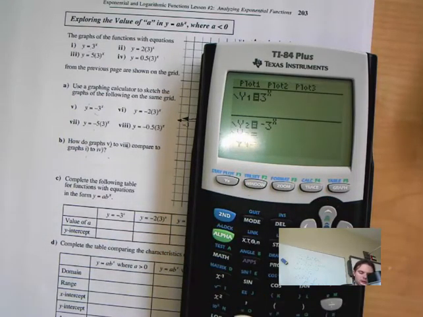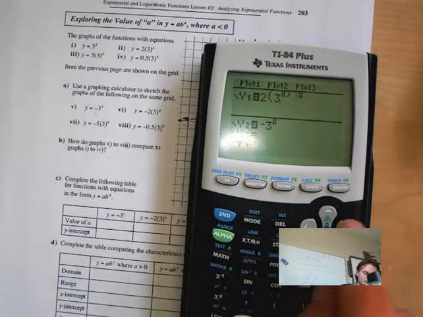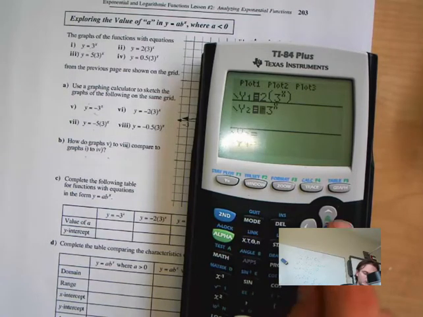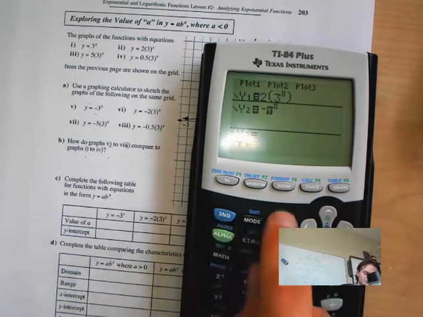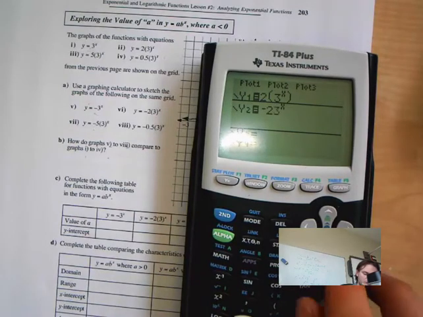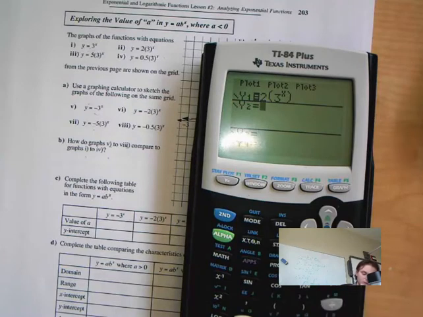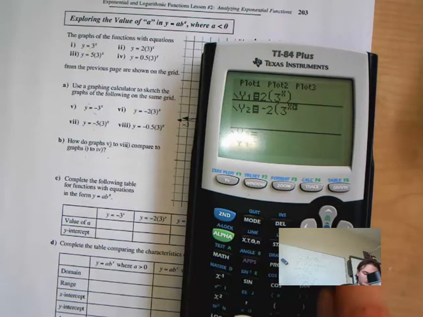If I said 3 to the x, the next one is 2 multiplied by 3 to the x. Okay, and let's try this one. This is going to be negative 2, bracket 3 to the x, and close the bracket.